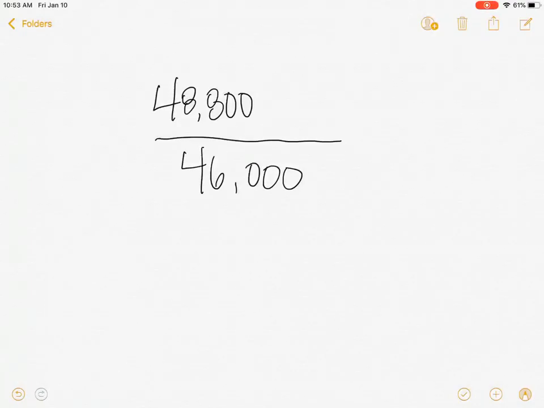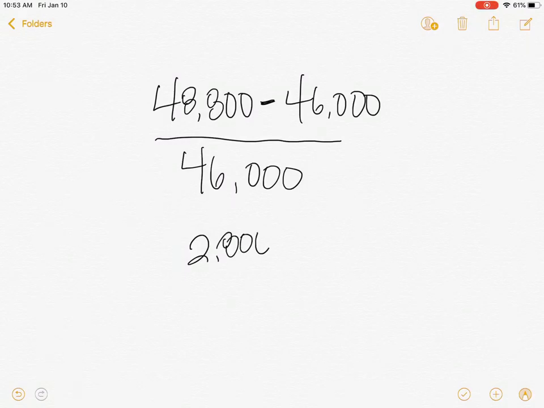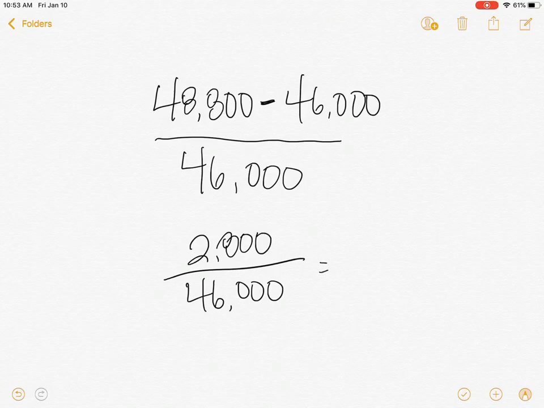$48,000 minus $46,000, because that's how much we actually budgeted. So now we have $2,800 over $46,000. And so 2,800 divided by 46,000 is 0.06 times 100.